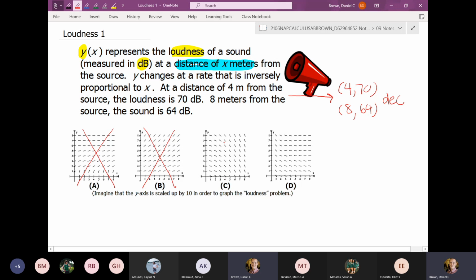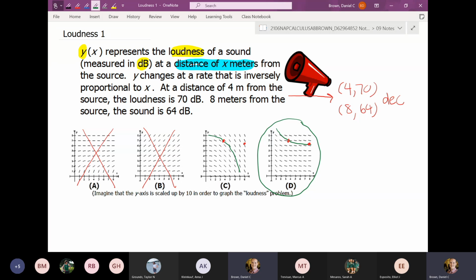So (4, 7) is going to be representing the 70, and at 8, halfway between the 6 and the 7 will be close to the 64. So finding out which one matches best. Following the slope field of C, really steep. Slope field of D, much more gradual. So D is definitely the best choice for that problem.